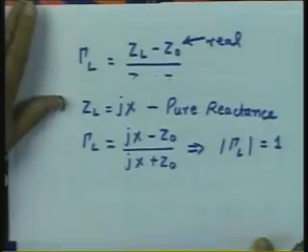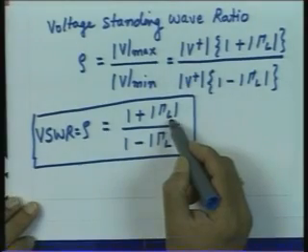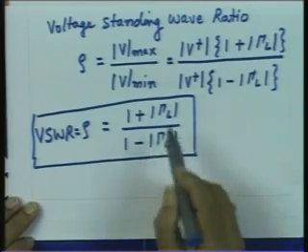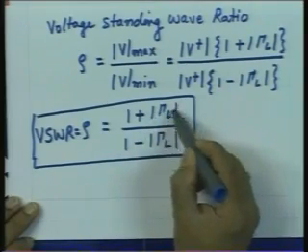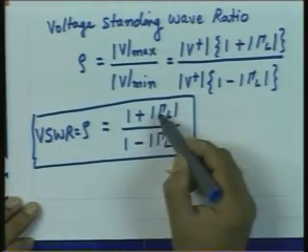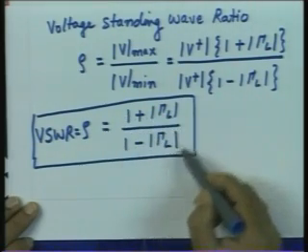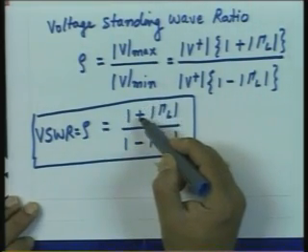If I now substitute this into the quantity which we have defined, the voltage standing wave ratio, this quantity mod of gamma L is now less than or equal to 1. So, in the best case, when this quantity is 0, we will get a VSWR equal to 1, otherwise this quantity will always be greater than 1.